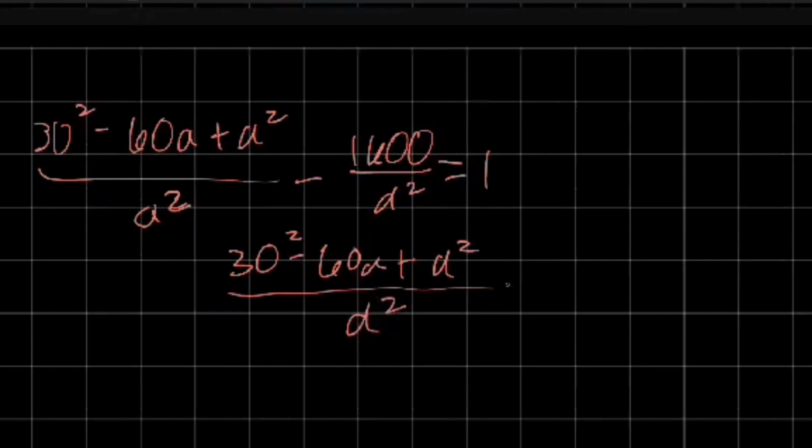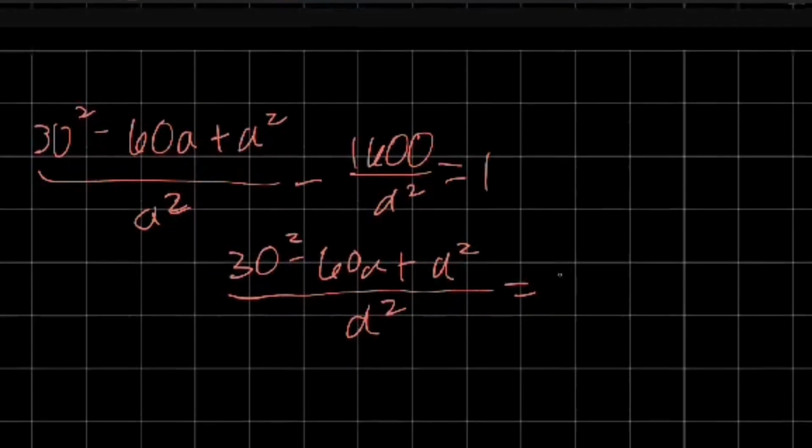You can see that we have a common denominator, so we can just subtract the 1600 from there.